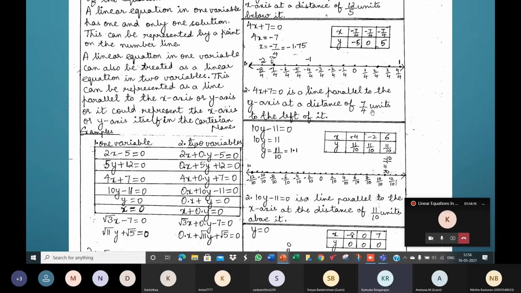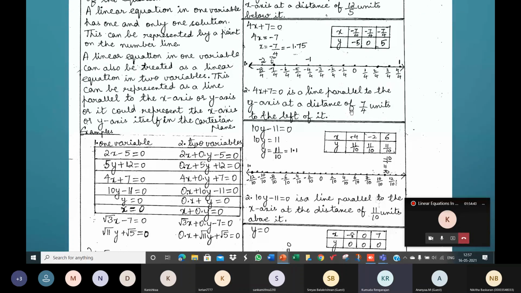Left is sometimes mentioned as minus 7 by 4 units. If minus is used, then the word left will not be used. Right and above are positive; nothing specific is used there.